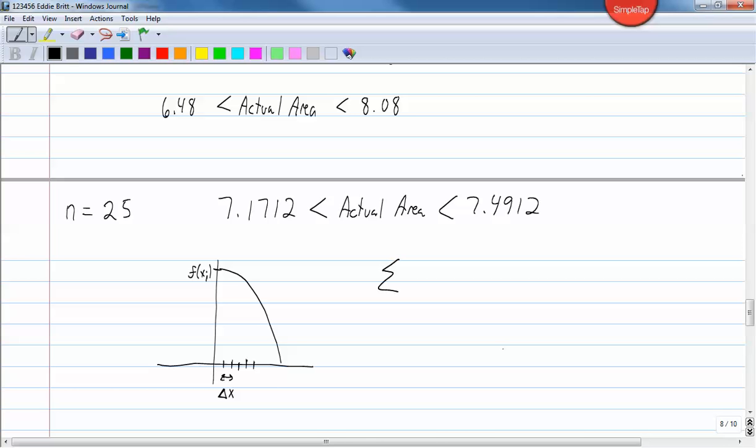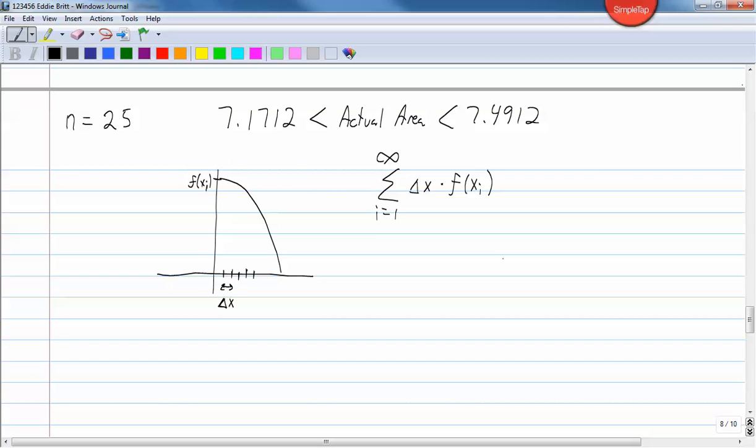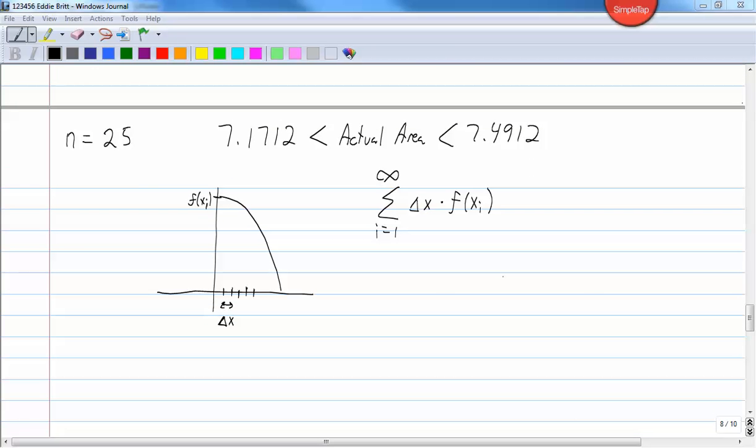And as we sum those up, the width times the height, as we sum those up, as we sum up an infinite number of those, say from 1 to infinity, then we're going to get the actual area under the curve, or under whatever region.